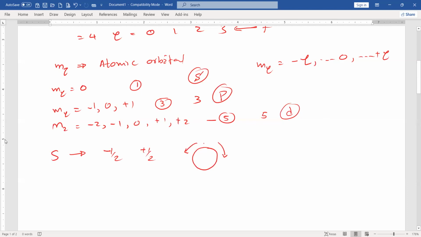So each atomic orbital can have a maximum of 2 electrons. So the S sub-energy level can have 2, and the P sub-energy level can have 6. Why? There are 3 atomic orbitals, each can have a maximum of 2 electrons, 2, 2, 2, all together 6 electrons.